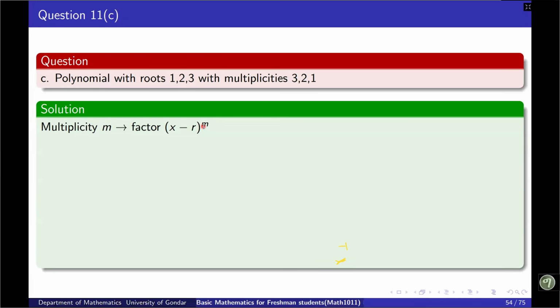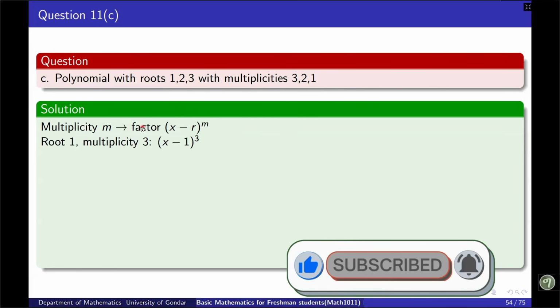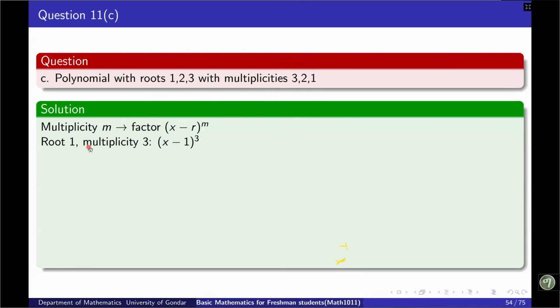Therefore, when we apply this idea to obtain the expected polynomial with these roots and their multiplicities, we have 1 is a root with multiplicity 3, so (x minus 1) to the power of 3 must be a factor of the polynomial function.